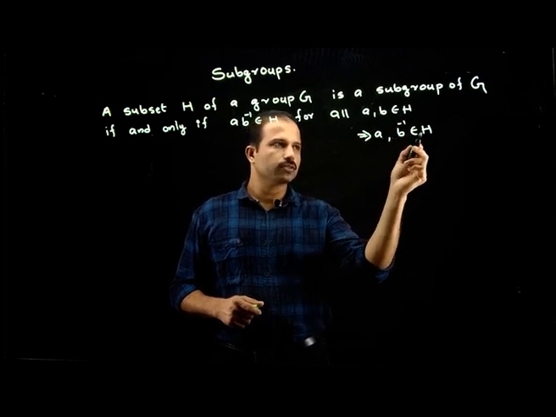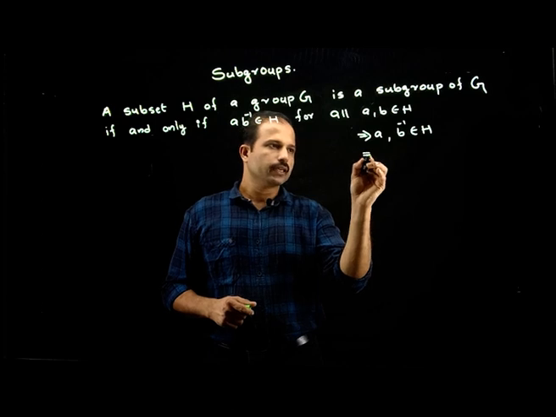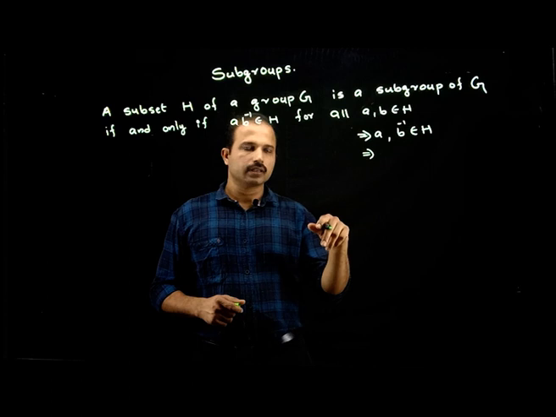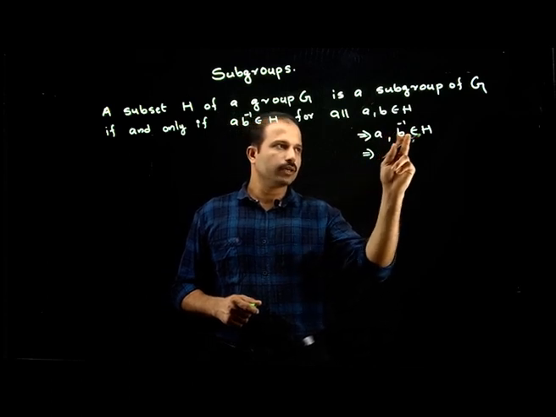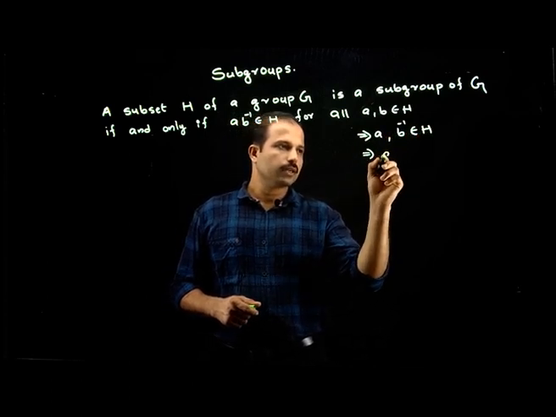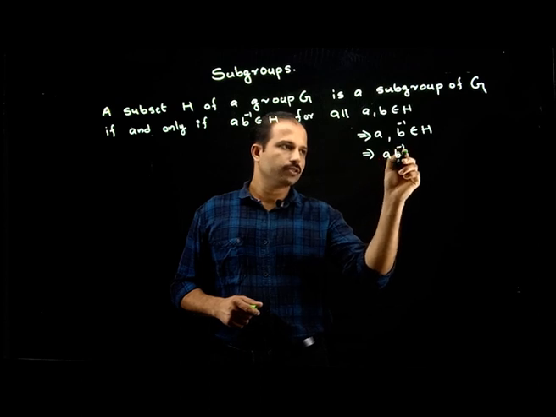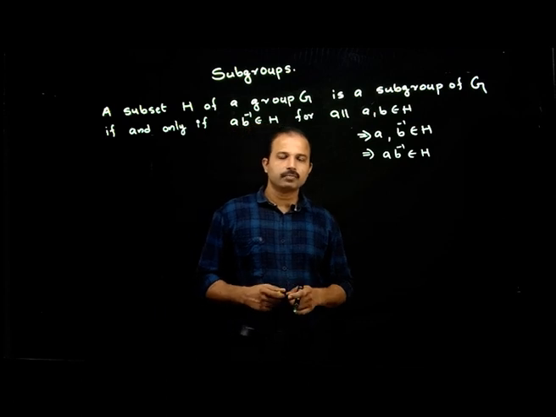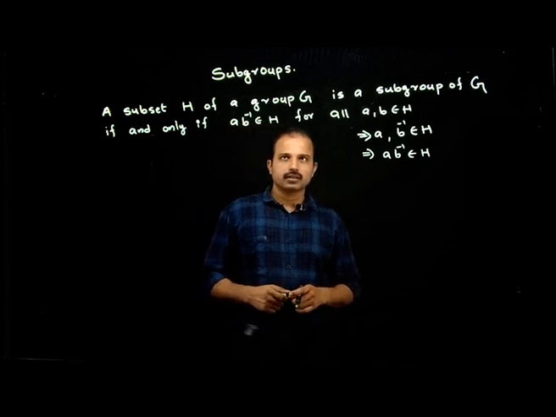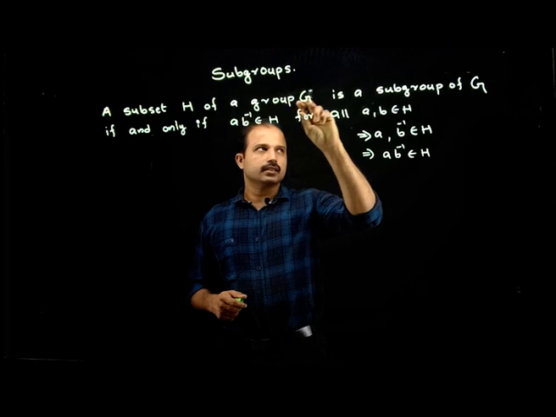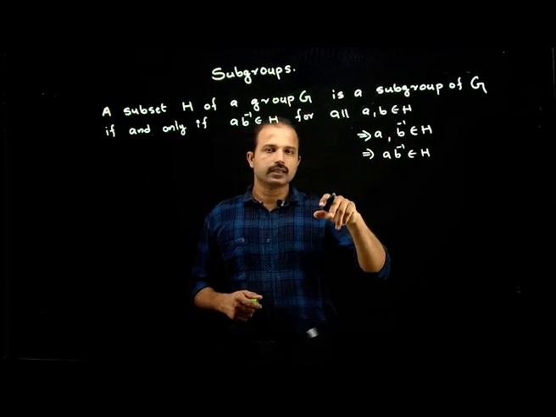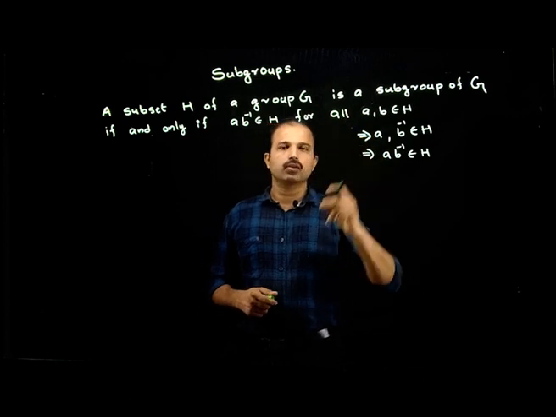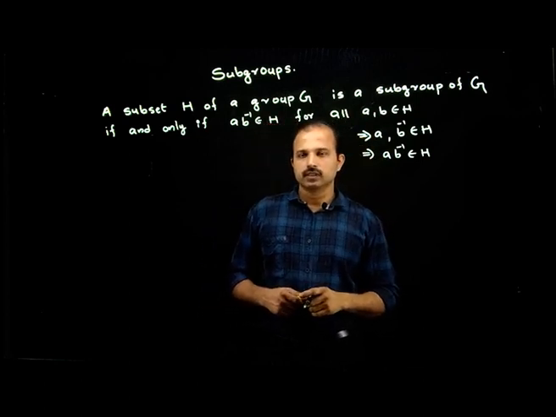Now again, since H is a subgroup, H is closed under the operation, and a and b inverse are two elements of H. This implies that ab inverse also belongs to H. So that part is very simple. Our assumption was H is a subgroup of G, and by using that assumption we have shown that ab inverse belongs to H for all a, b belongs to H.